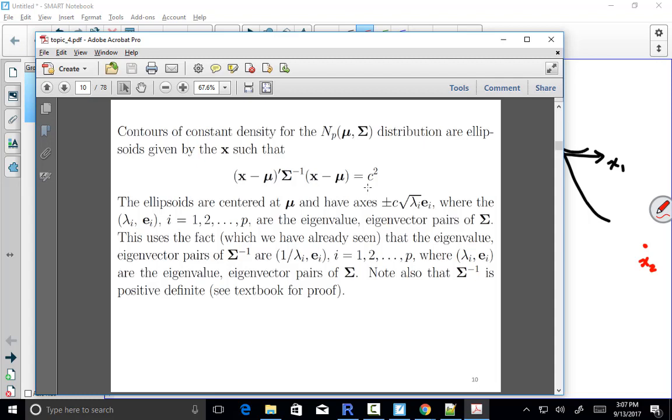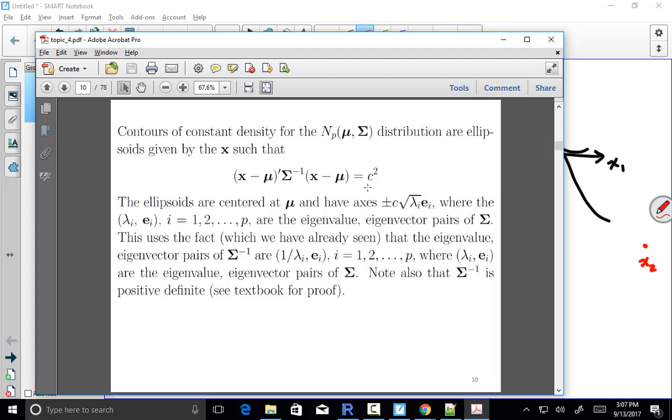We've done this before, not restricted to the multivariate normal, but for an arbitrary distance calculation, for an arbitrary weighting matrix A. Here it's sigma inverse, but for an arbitrary A. We know how to find the points that are equidistant from the origin.